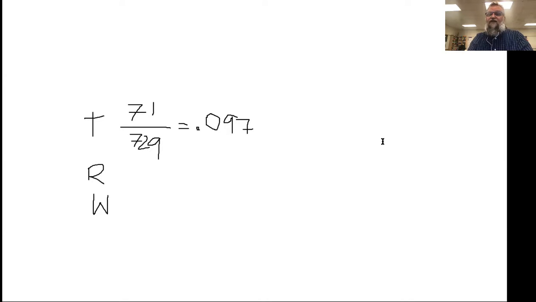Red beans was 57, so I would simply take 57 divided by 729, and that will give me the red bean density. Plugging that into my calculator, 57 divided by 729 gives me a density of 0.078.